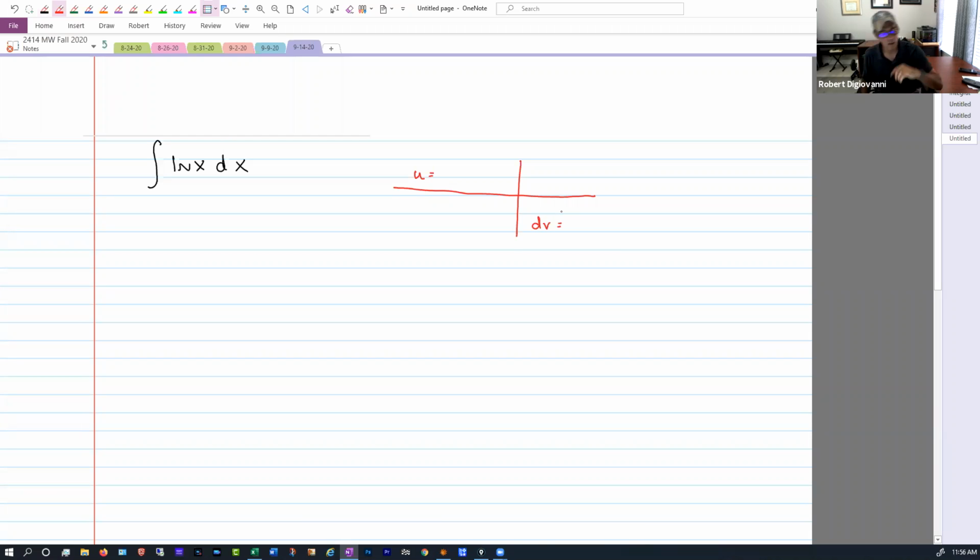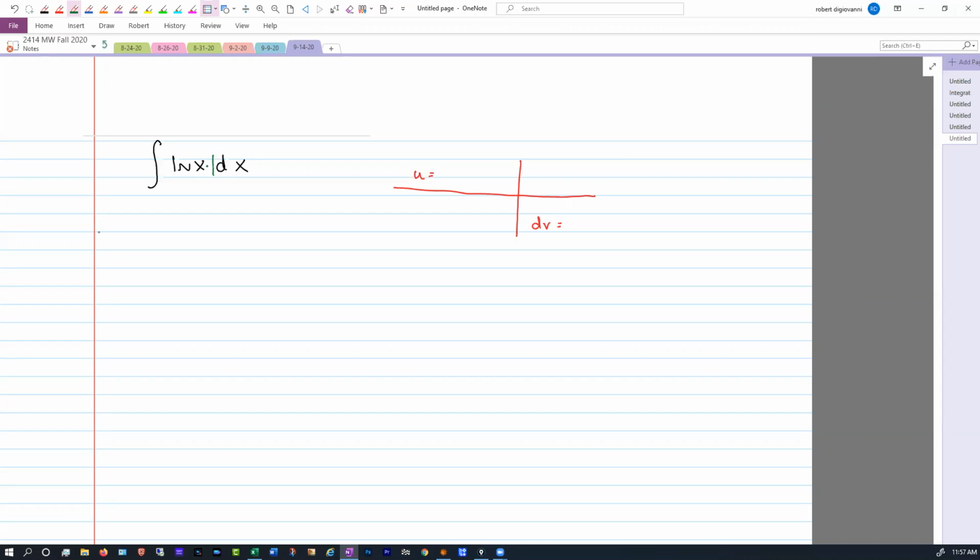But in this problem, you don't really have two functions, or do you? You have to realize that it's actually natural log of x times 1 dx. And 1 is a function. It's the constant 1 function. So what makes sense to you as what we could pick for our u? And remember, you better be able to take the derivative of it.